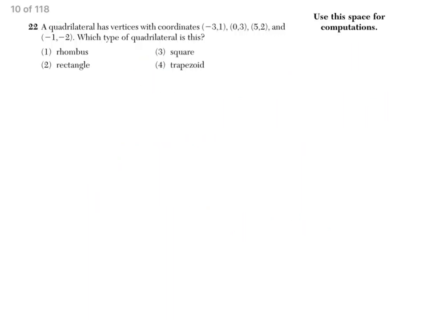Number 22, a quadrilateral has vertices with coordinates (-3, 1), (0, 3), (5, 2), and (-1, -2). Which type of quadrilateral is this? I'm a very visual person, so I would probably go ahead and graph this.